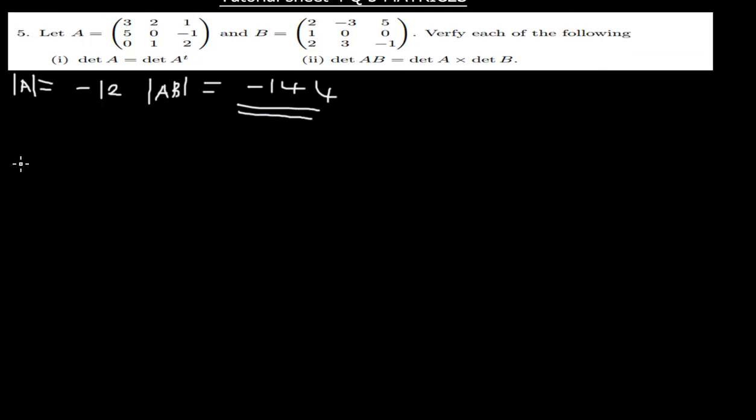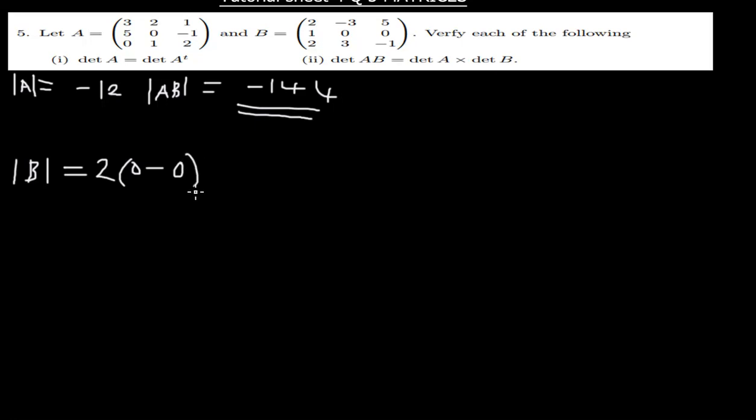So the determinant of B will be equal to 2, open brackets, and then 2 times this minor here, which is 0 times negative 1, you get 0, then minus 0, 3 times 0, you get 0.